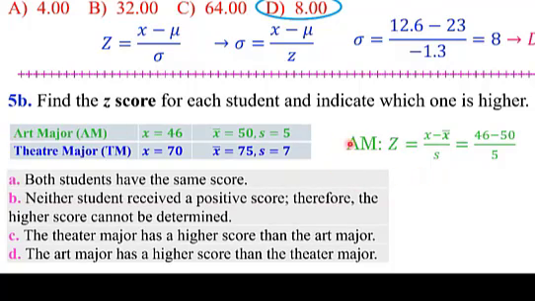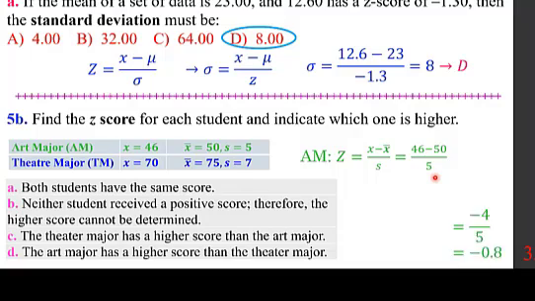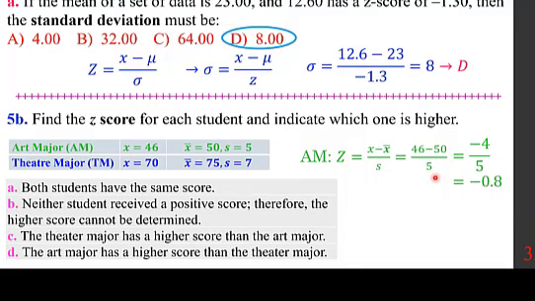So if you look at the AM, short for art measure, x minus x bar, that means 46 minus 50 over s, that means 5. And you calculate this, you end up with a negative value of z, minus 0.8. So negative 4 over 5 or minus 0.8.